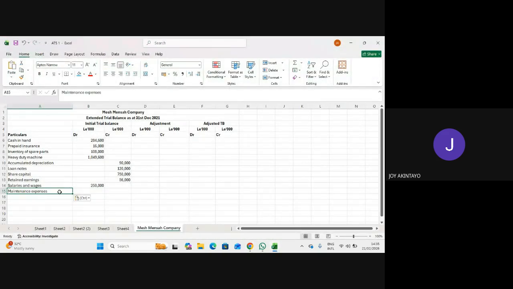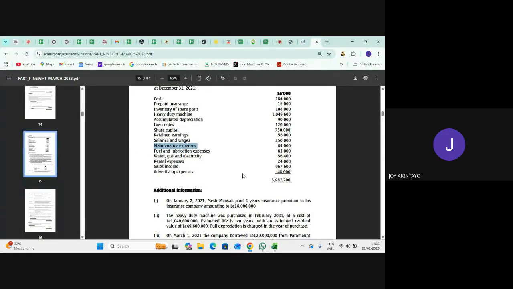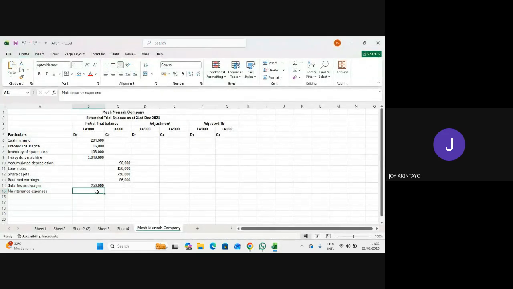Debit or credit? Debit. Why? It is an expense.